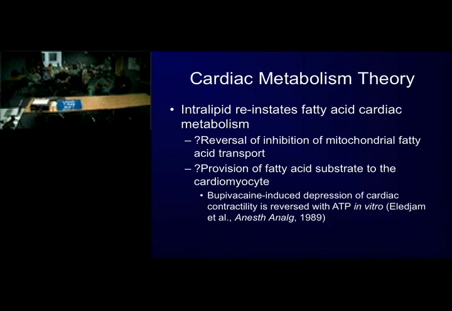And that's one of the thoughts that's floating around as well. Primarily because in a study in 1989, it was shown that bupivacaine-induced cardiac depression was actually restored with ATP. So it suggests to you that aerobic respiration is an important clinical target for people that have bupivacaine-induced cardiac toxicity.